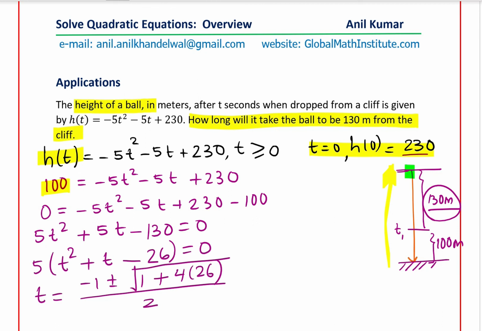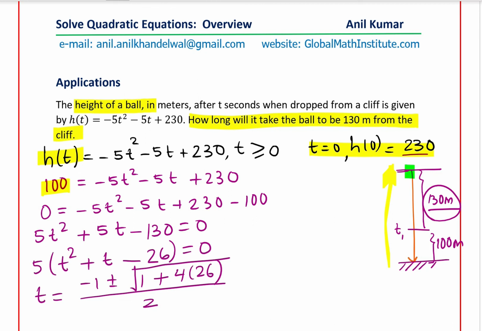Clear? So that becomes the answer. So let us now calculate the value. Within the square root we have 1 plus 4 times 26, that is 105.